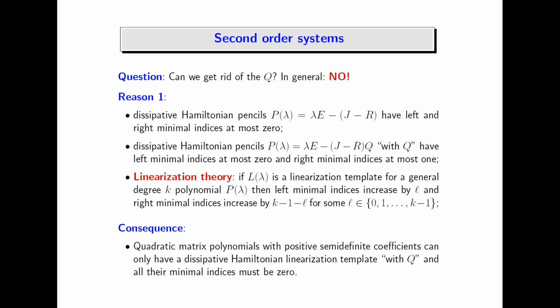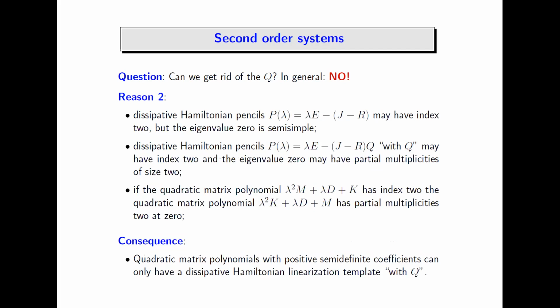Okay, but still with this one can, right, I wanted to give a second reason. As we have seen here, for this linearization, the eigenvalue 0 is semi-simple. And here we see that we may have partial multiplicities of size 2. Now if we consider a matrix polynomial, then the index can actually be 2.